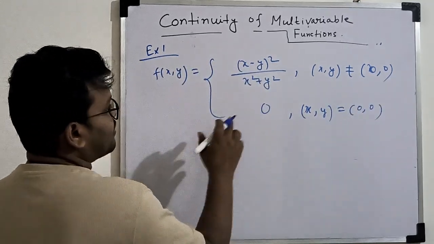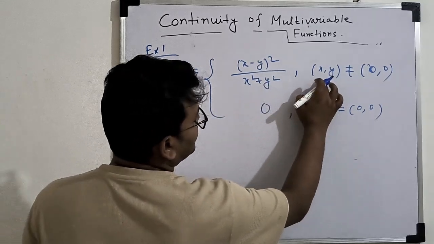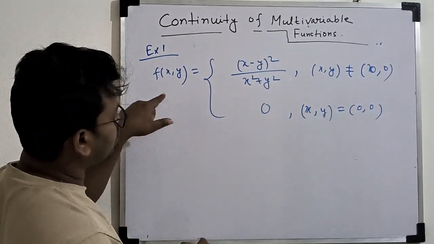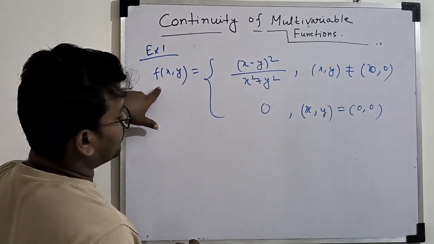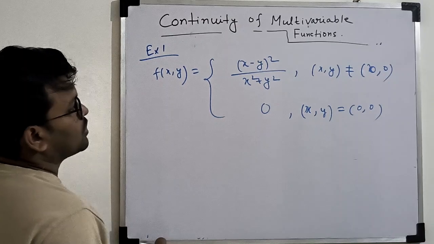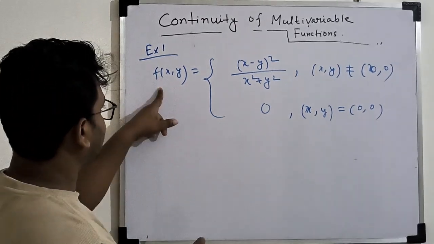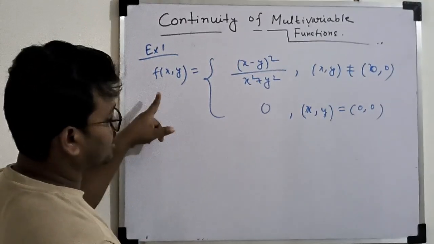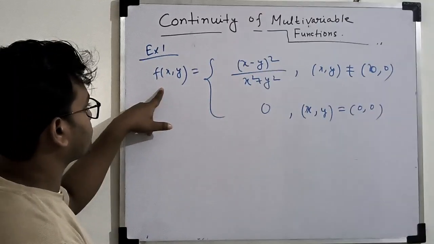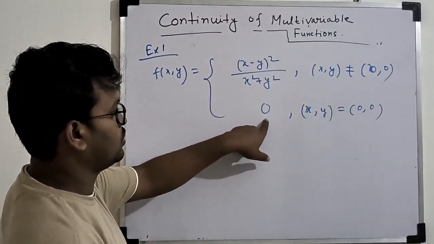So this function is defined as this when xy is not equal to 0, 0 and 0 when equal to 0, 0. So to show the continuity of this function at 0, 0, we have to show that the limit as xy tends to 0, 0 of this function should be equal to 0.